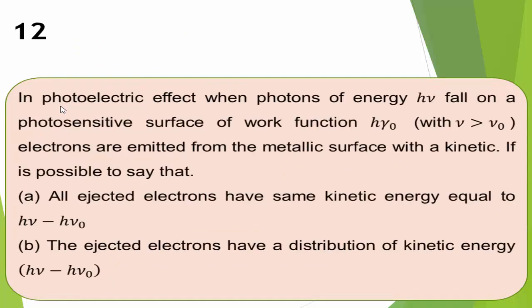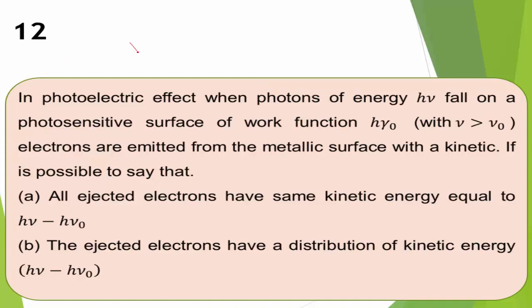And then the question number 12. In a photoelectric effect, when photons of energy h nu fall on a photosensitive surface of work function h nu naught, with nu greater than nu naught, electrons are emitted from the metallic surface with a kinetic energy, if it is only possible.